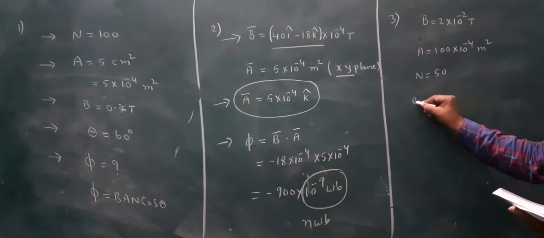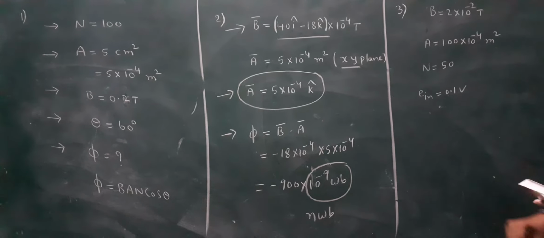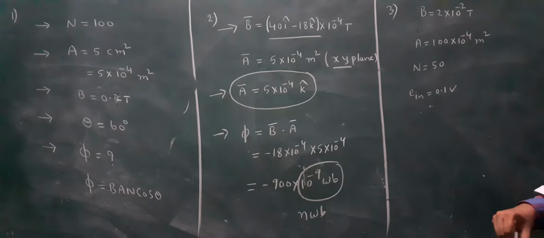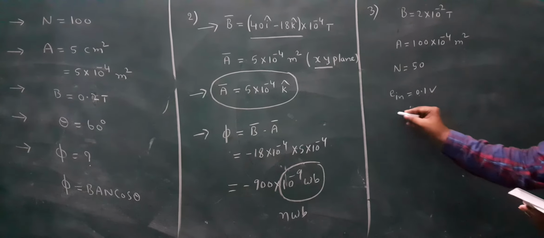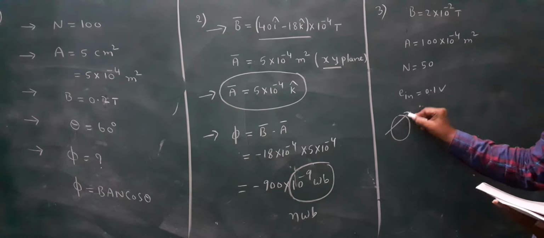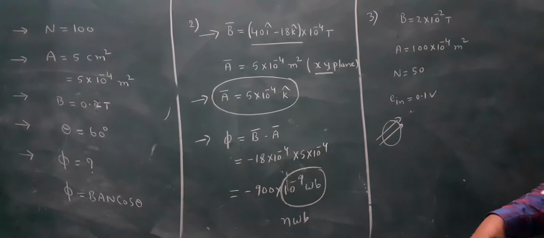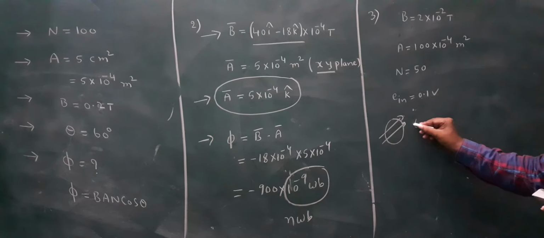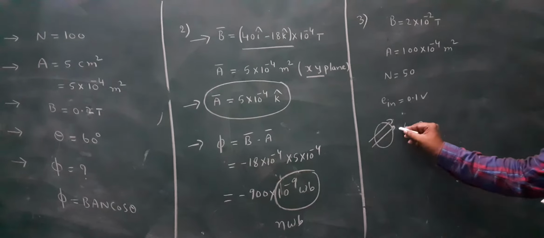Here the induced EMF is 0.1 volts when it is removed from the field. Initially the magnetic field acts on the coil. After some time the magnetic field is removed. Find this time. What is the dt value?